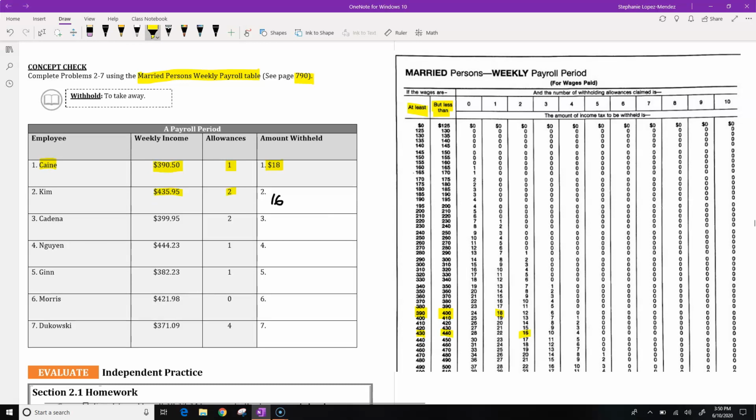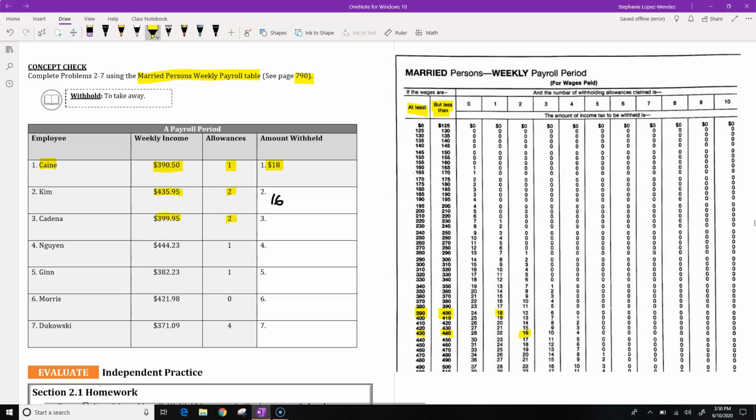Now number 3 for Kadina. The weekly amount is $399.95. She has 2 allowances.